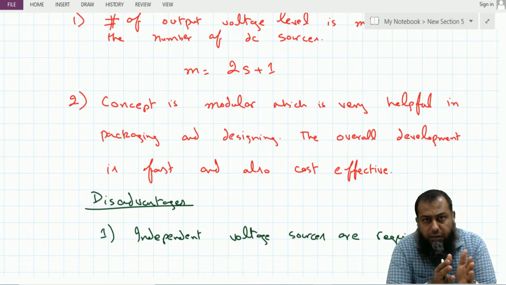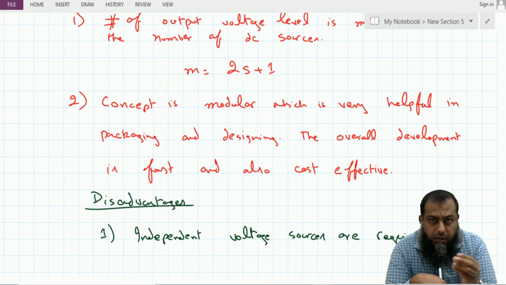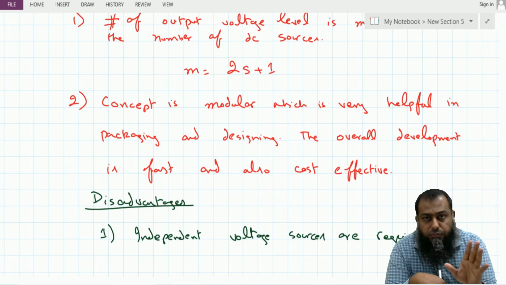What about if we have a single voltage source available? In that particular case, we may not be able to use this particular scheme. So independent voltage sources is the requirement of this particular scheme.